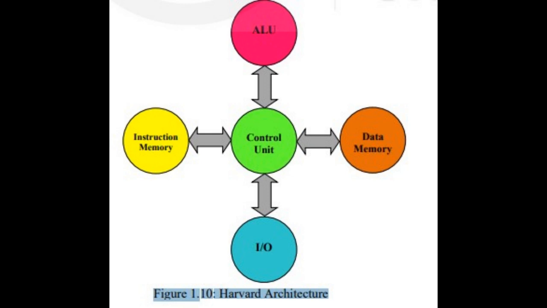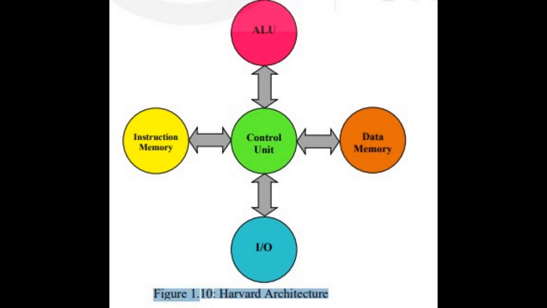Harvard configuration requires dual connections and can simultaneously read instruction and operand data, so it can lead to improved performance. Most machines have a Princeton design. Intel 8051 is a well-known Harvard architecture. Figure 1.10 is a diagrammatic representation of Harvard architecture, whereas Figure 1.11 represents the Princeton architecture of a computer.